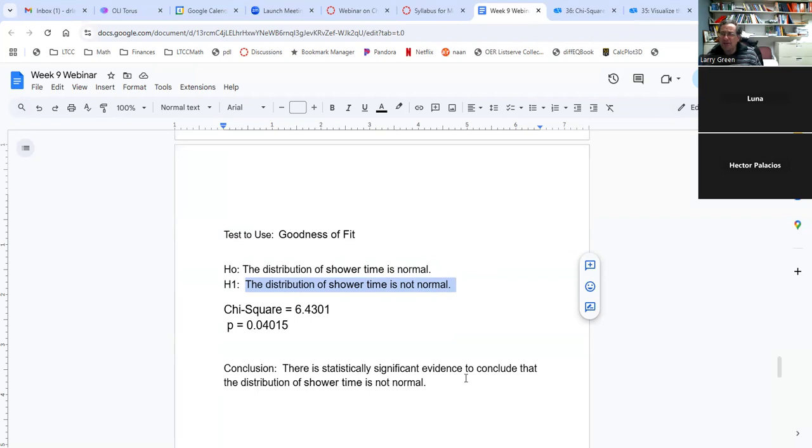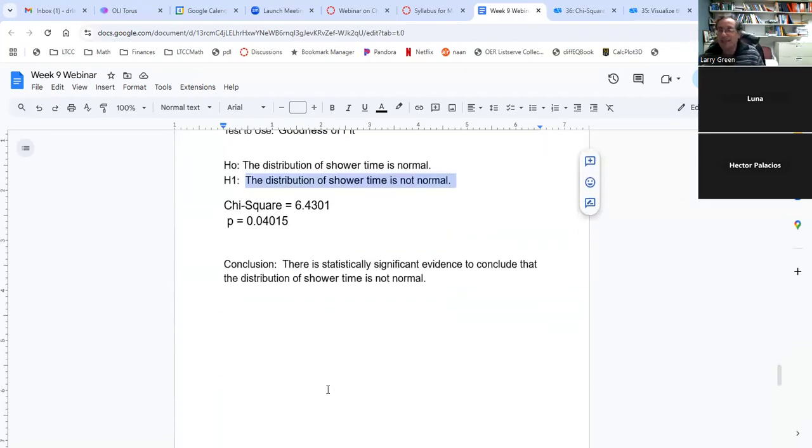Any questions? Any questions on this example of goodness of fit? Okay. What I want to do now, what haven't I told you yet? Yeah, secret word.